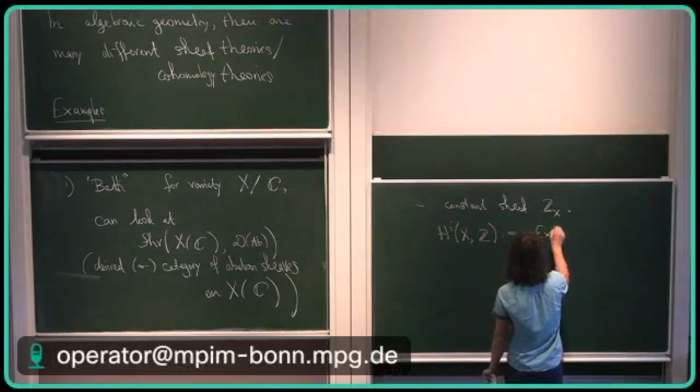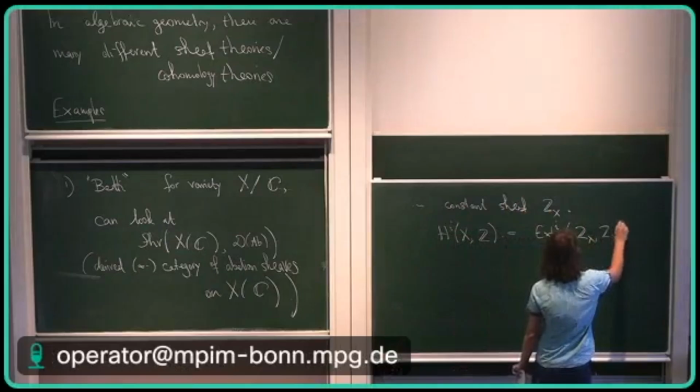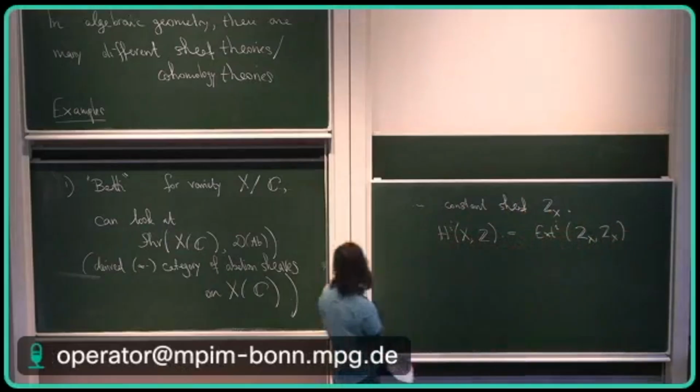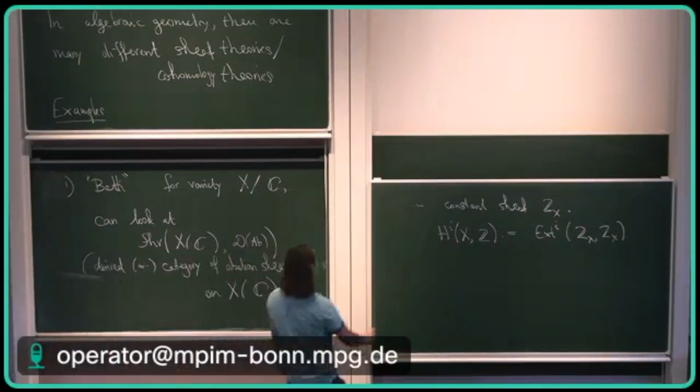I guess in some sense it's the Ext^i in this category of the unit object. So any sheaf theory gives you a cohomology theory just by looking at Ext of a unit. Right, so there's one sheaf theory.